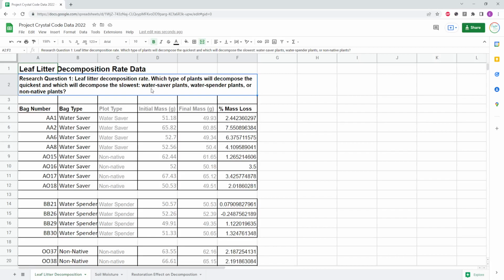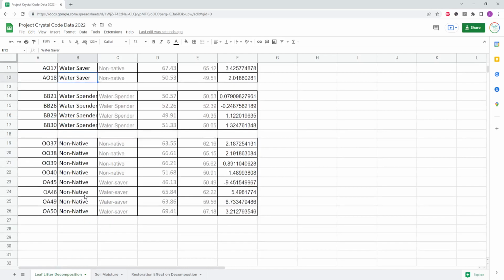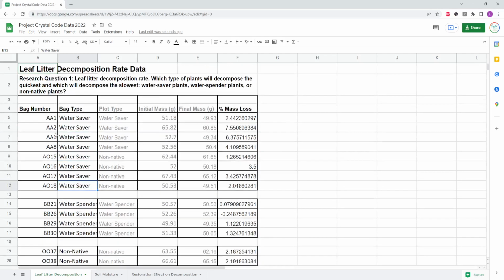So we also have a lot of data that is paired with each research question that we've collected. So I always like to point out the bag type first. So the bag type is going to be the leaf litter bag type that we have placed in a location. So we have our water saver plants, our water spender plants, and our non-native plants. On the left hand side of that, you'll have a bag number that is just associated with each leaf litter bag type.